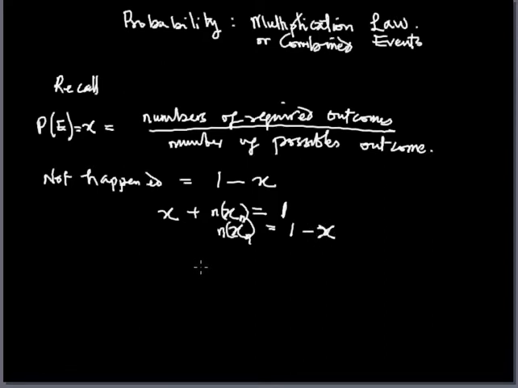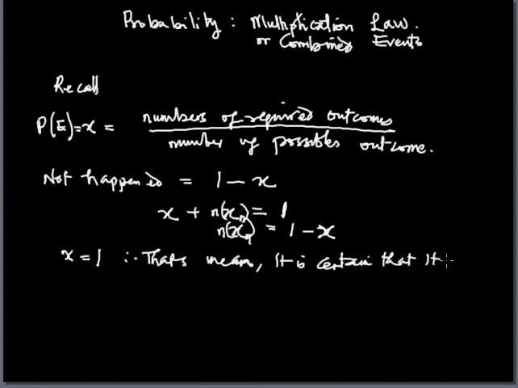So what if the probability x is equal to 1? That means the probability of the event happening is equal to 1, so it is certain that it will happen.